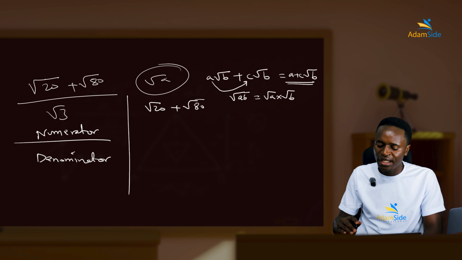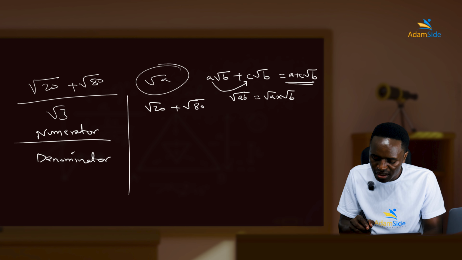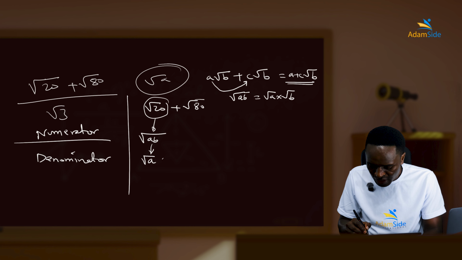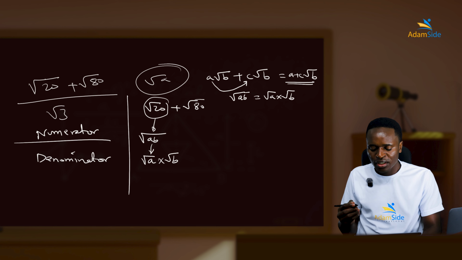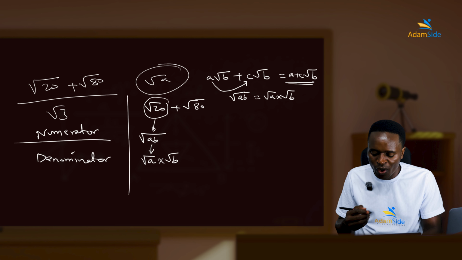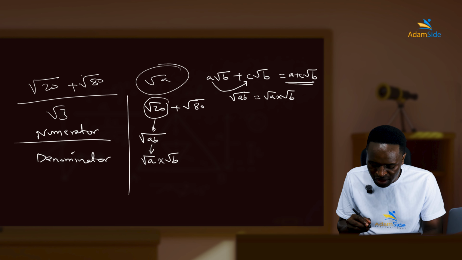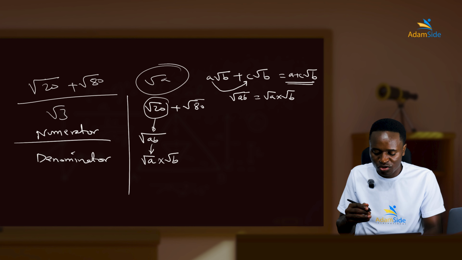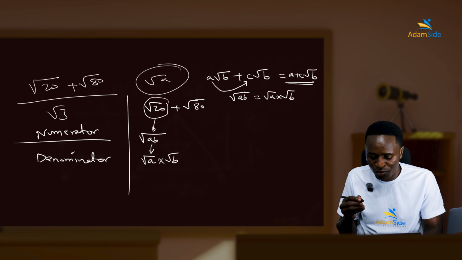We need to find two numbers in each surd, one that is a square number, and the other maybe a number whose square root we can't find. For example here, 20: we need to find factors of 20. 5 times 4 is 20. So 4 is a square number and 5 is not.